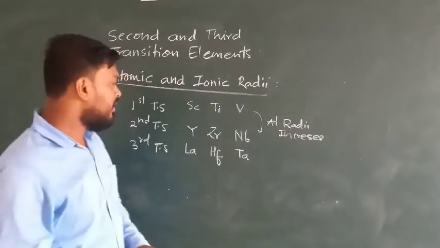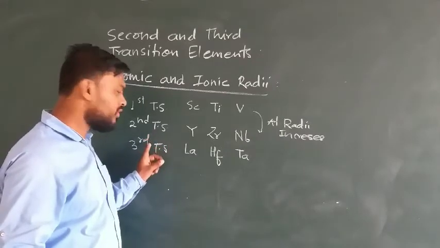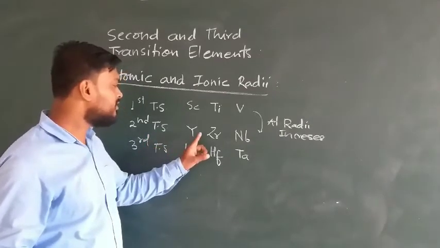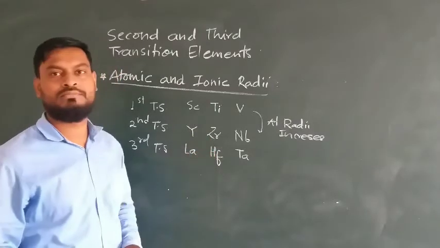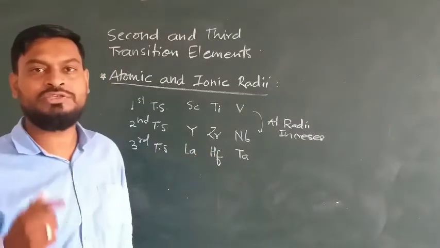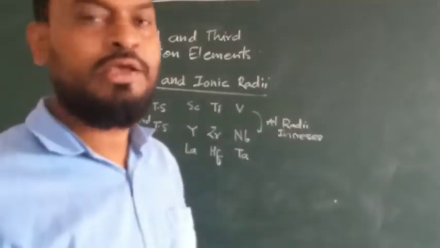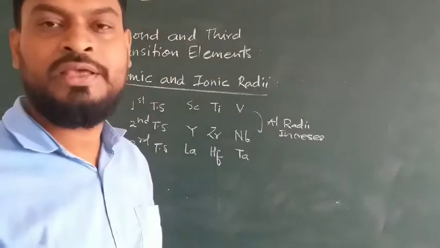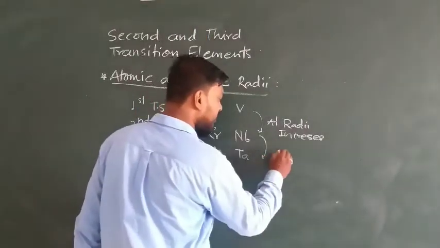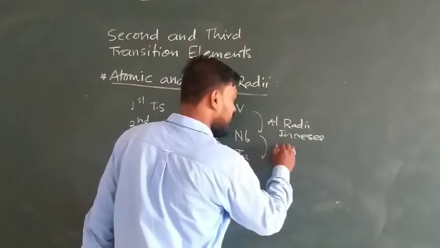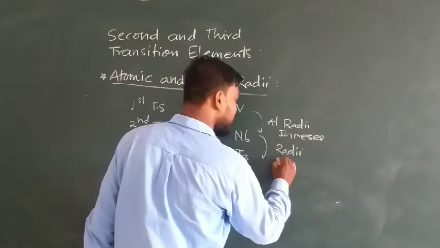Now if you move from the second transition series to the third, from zirconium to hafnium, the size again should increase, but actually the atomic radii remain almost the same.